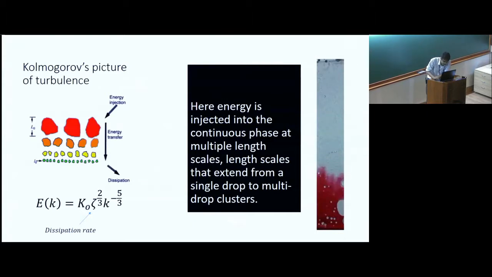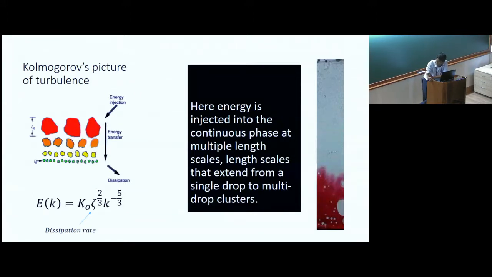Now, before I go into the energy dispersion relationship, which is interesting, a standard look into Kolmogorov's picture, which is something that we grew up with, is especially true for a pipe flow. You inject energy at the largest length scale in the system, and then there's an inertial cascade. This structure breaks down into smaller and smaller structures until you hit the microscale, the Taylor microscale, and then dissipation takes part.